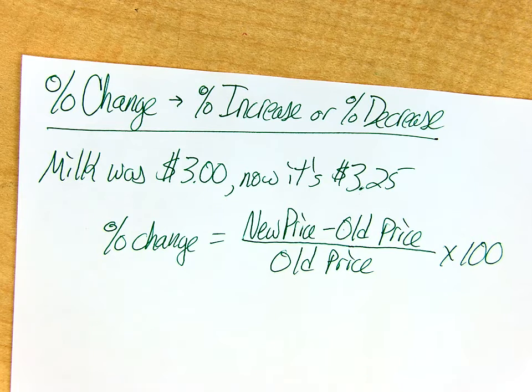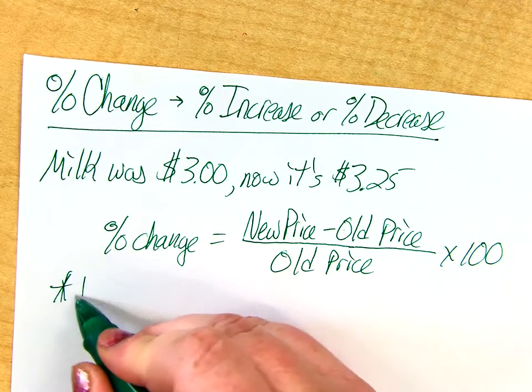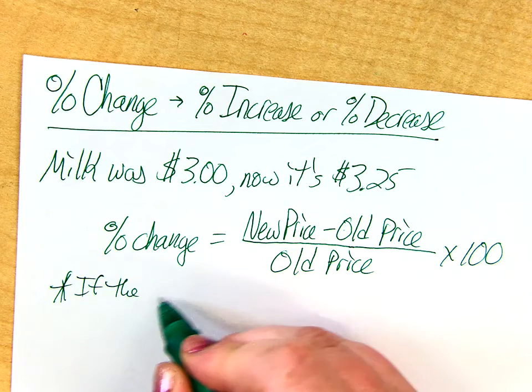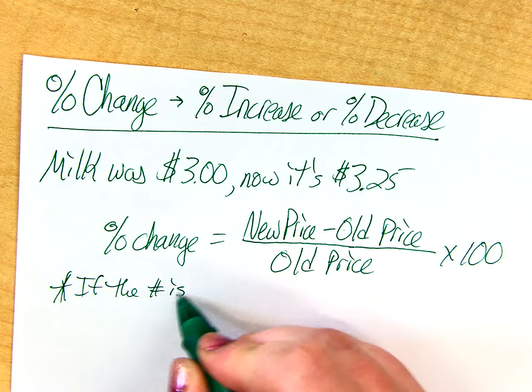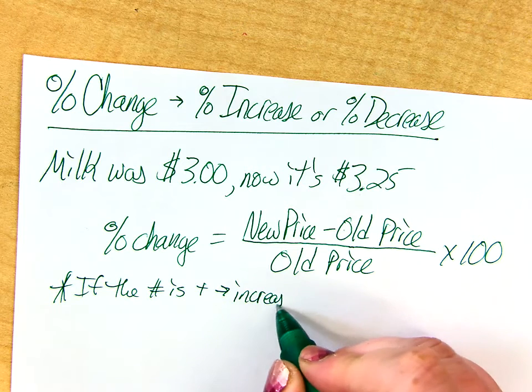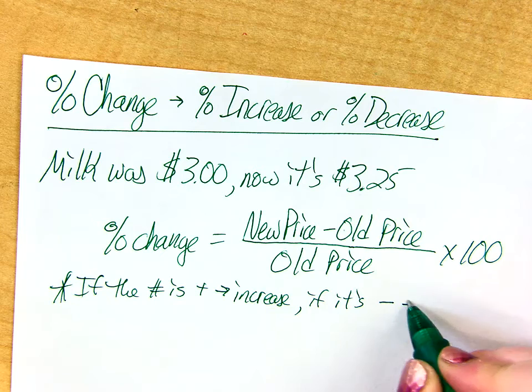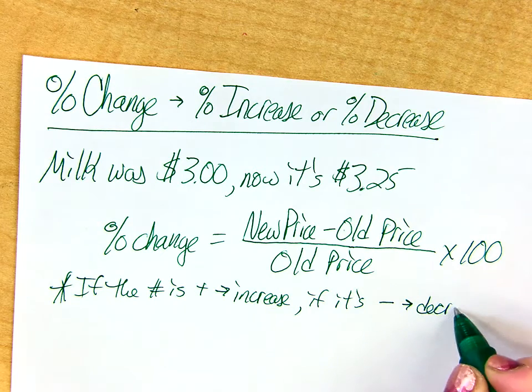If it comes out negative, then it's just a percent decrease. Okay? So I'll just add that as a little note. If the number is positive, it's an increase. If it's negative, then that means decrease.